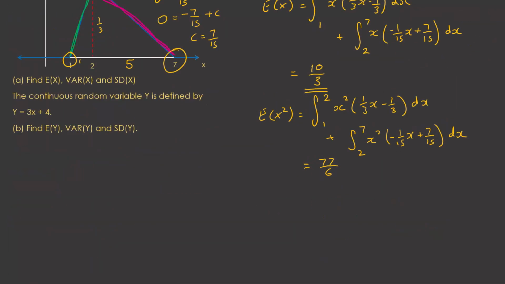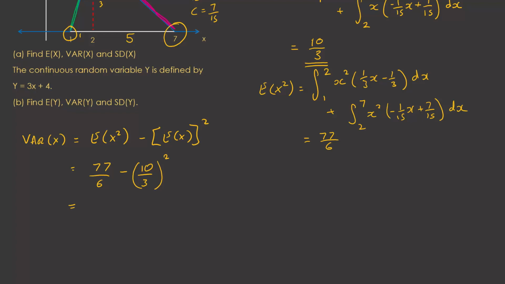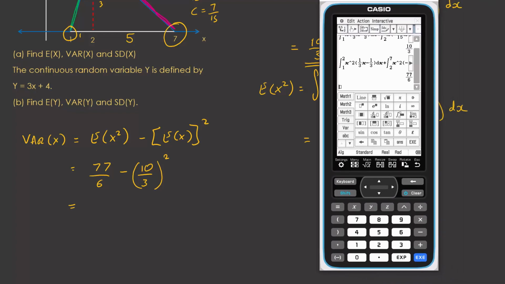Now, the variance of x is the expectation of x squared, which is 77 over 6, take away 10 over 3 squared. In fact, we don't need that.